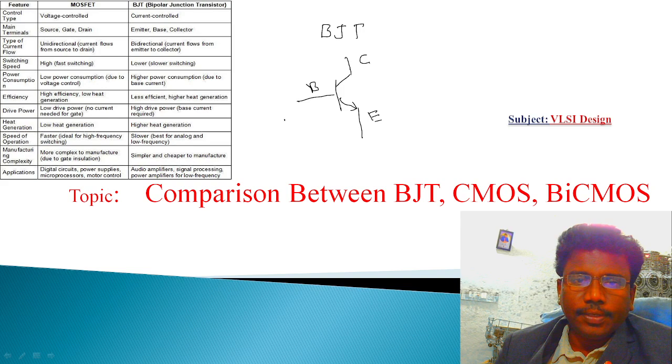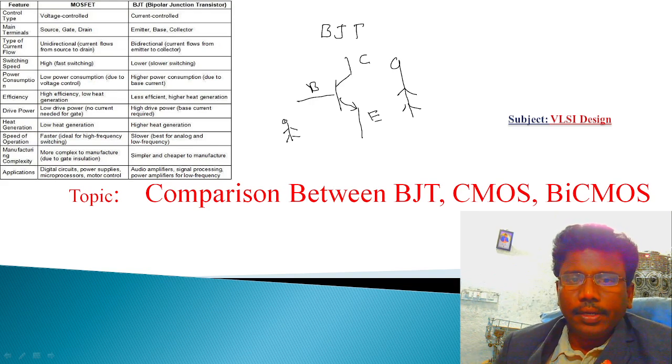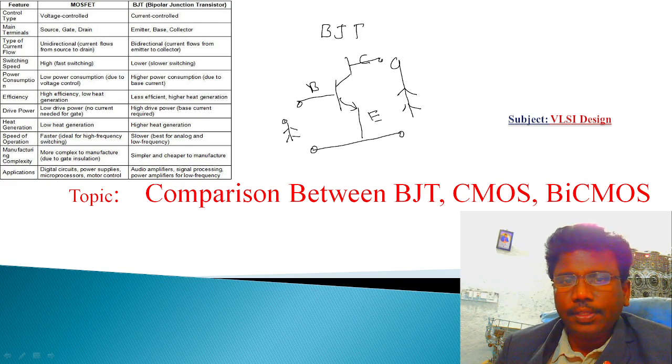What is the application for the bipolar transistor? While giving a small signal, it amplifies the given input signal and it stores the data. So this is the main application for the bipolar transistor.